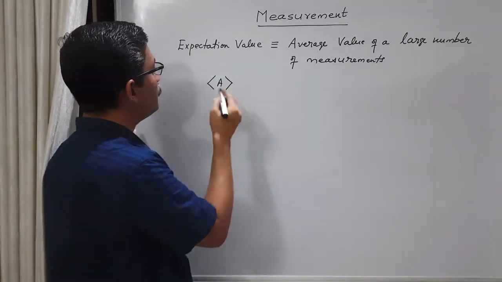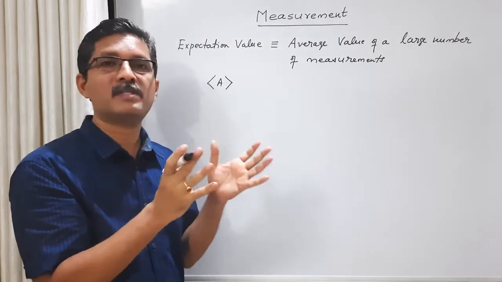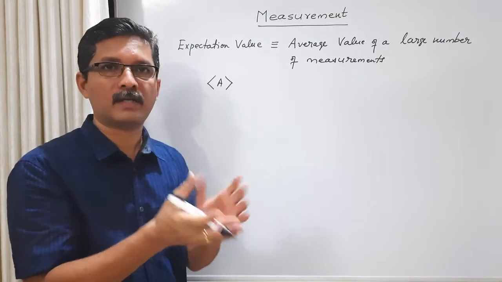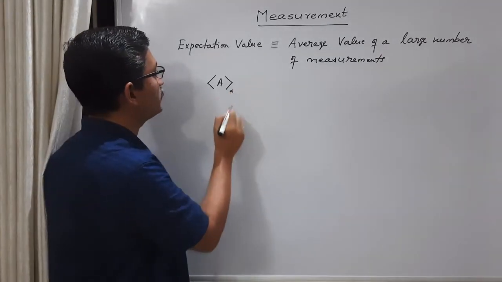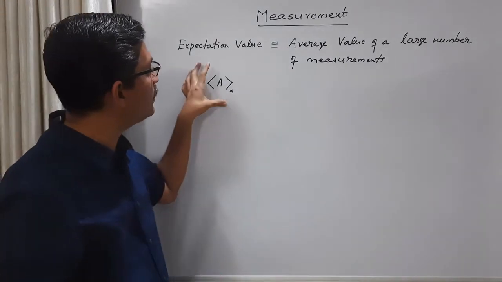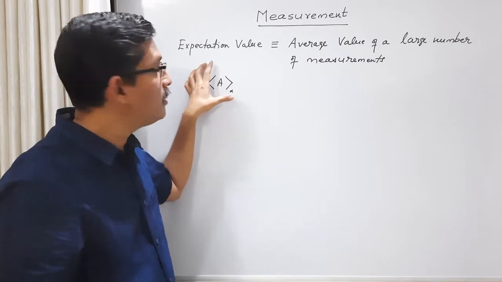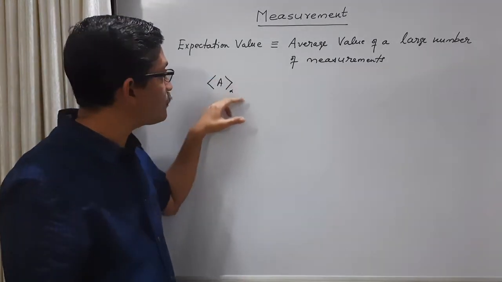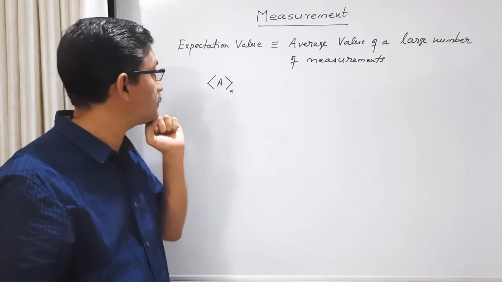And sometimes, if we measure the expectation value when the system is in a particular state, let's say ket alpha, then we also put a suffix alpha here, to specify that the expectation value is being calculated with respect to the state alpha, the initial state of the system.